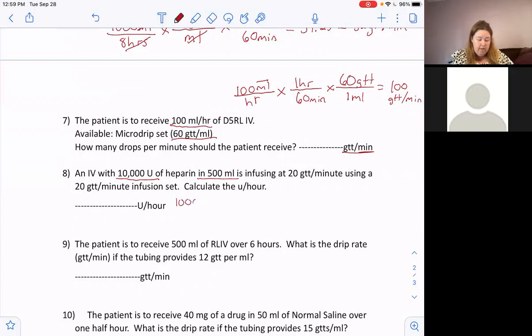So 10,000 units in 500 milliliters. And then 1 milliliter in 20 drops. Because the milliliters are on the bottom, we're putting them on top over here.